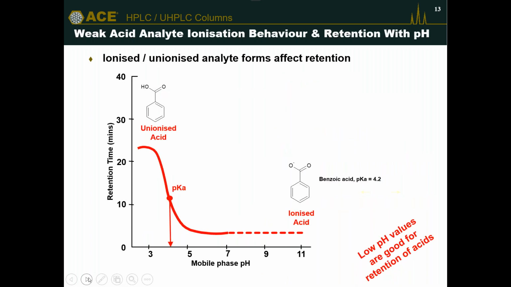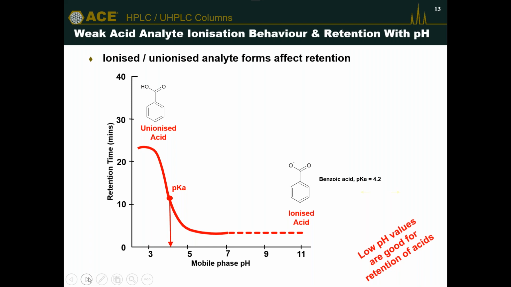So you see the titration curve goes in the opposite direction. We get good retention when our acids are run at low pH. This is because they're in their unionized form. They're more hydrophobic. And when we're working with C18 type reverse phase columns, that's when you're going to get the best hydrophobic interaction when you have an unionized compound.